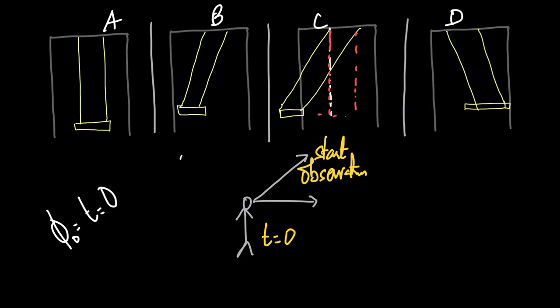The swing was actually like this. But when we started observation, it was already in the left extreme. So in this case, at t is equal to 0, phase is already negative. It means the motion has already started. The motion has taken place even before we started the actual observation.